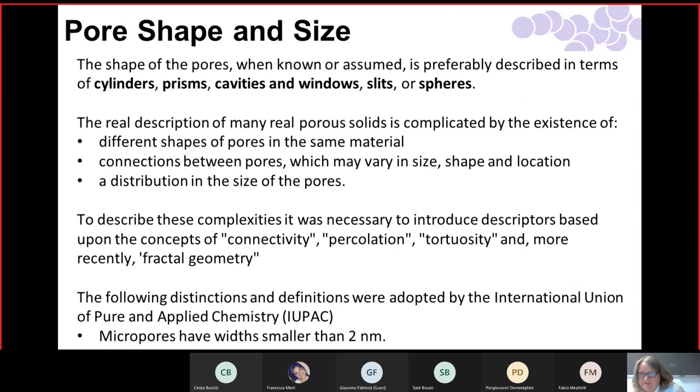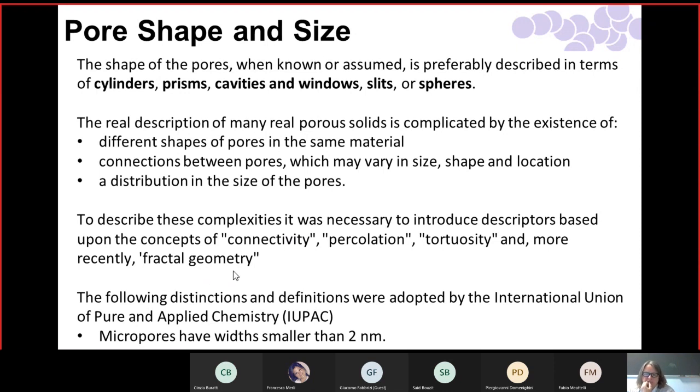And so there's been a lot of work in this, and they talk about things like connectivity. How are they connected? Tortuosity, how the pores are winding, connected, and then do they dead end? Things like that. And then there's been some work with fractal geometry in describing pores.